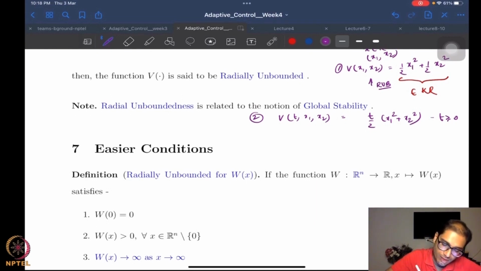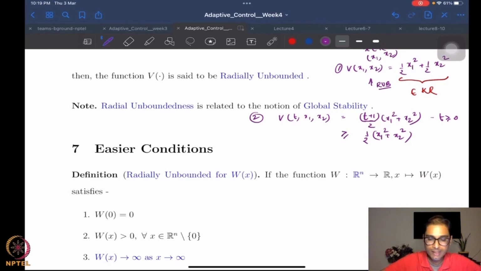So here, let me be careful here. Let me say this is not t, but this is t plus 1. So this is greater than or equal to half (x1 squared plus x2 squared), because t plus 1 is greater than or equal to 1. So this implies V is again radially unbounded.